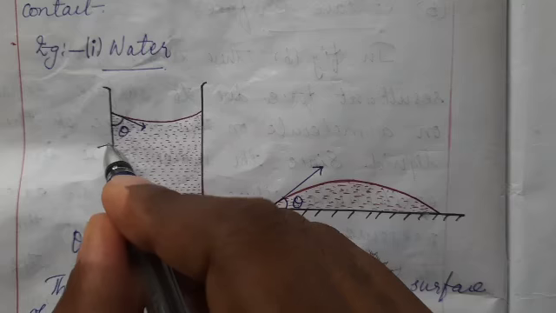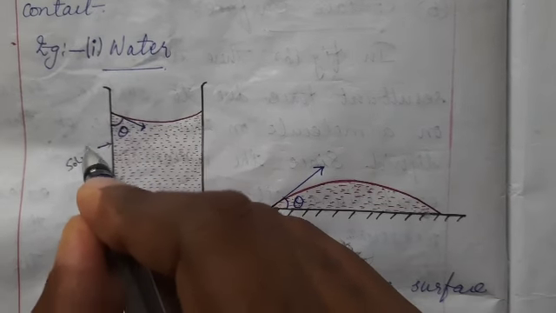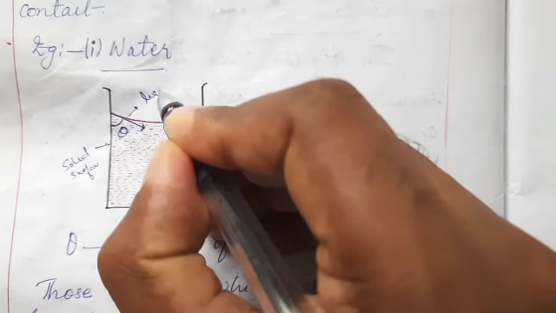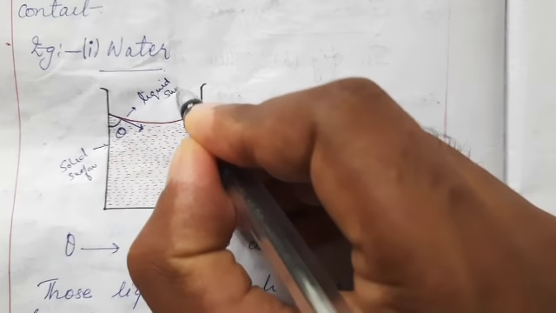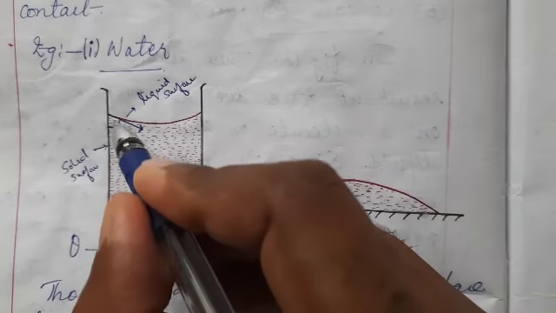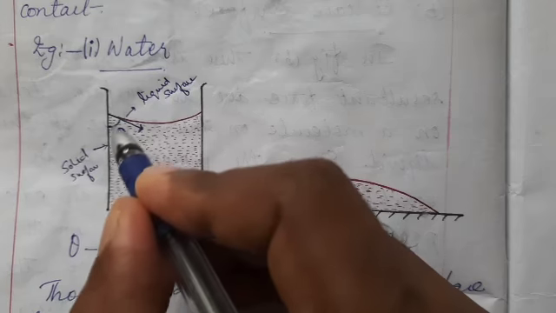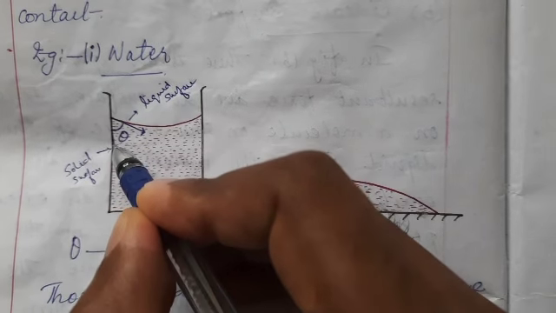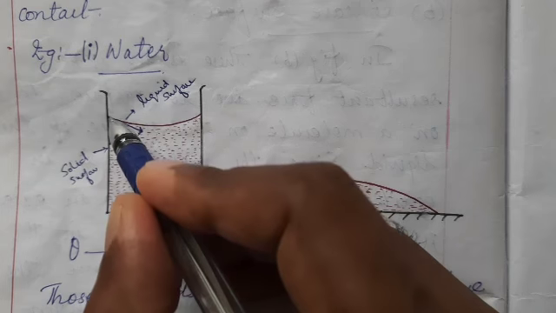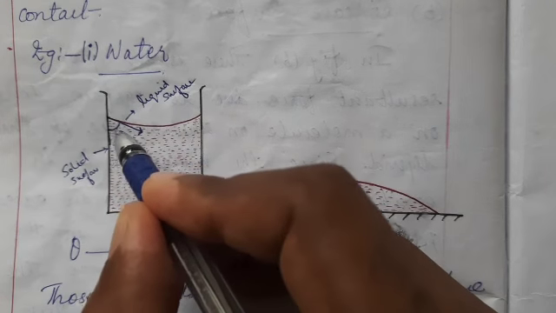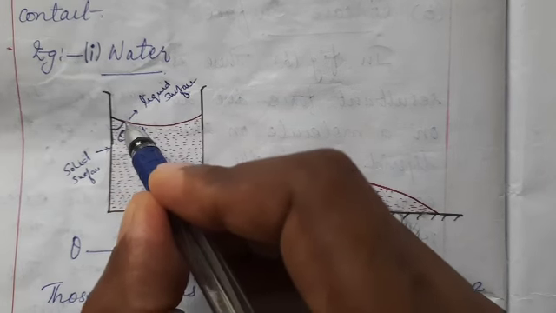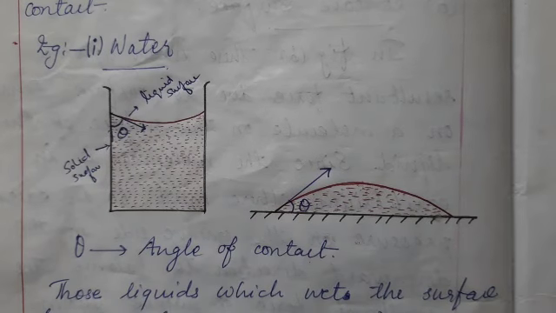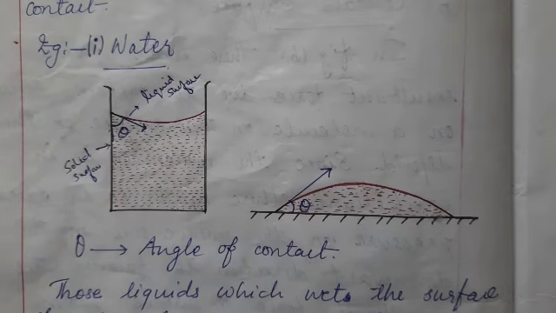This is the solid surface, and this is our liquid surface. There is an angle between these two surfaces, more correctly the angle between the solid surface and the tangent at which the liquid surface makes contact with the solid surface. This angle is called the angle of contact.